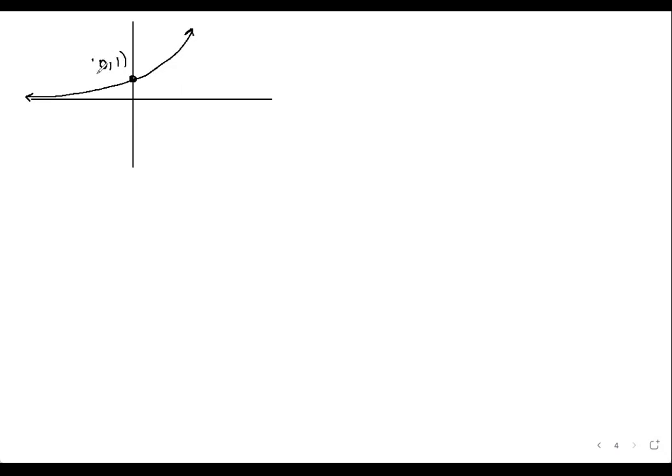And we should know this function is reflected around this line. This line actually is y equal x.